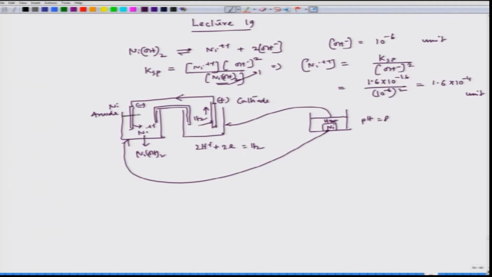So, this is the solution and this is the solution. Here these two half electrodes have been broken. So, the entire reaction is broken into two half cell reactions, one side is Ni − 2e equal to Ni++, another side is this one.